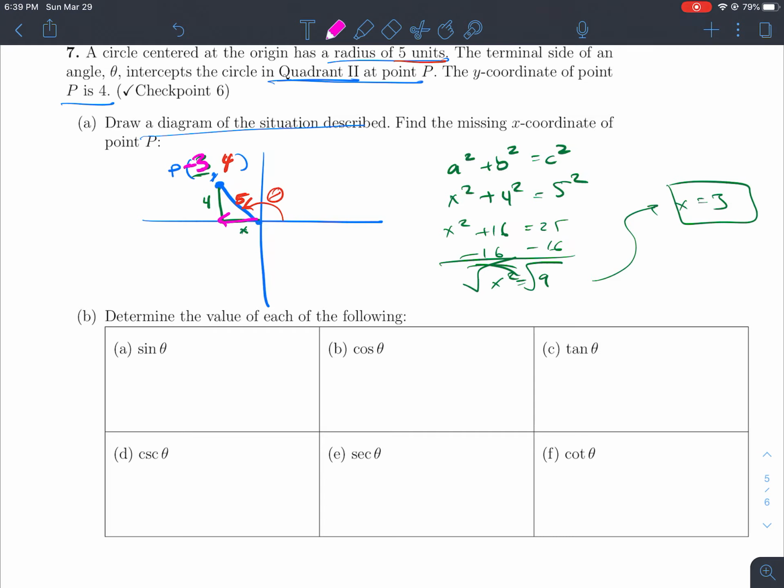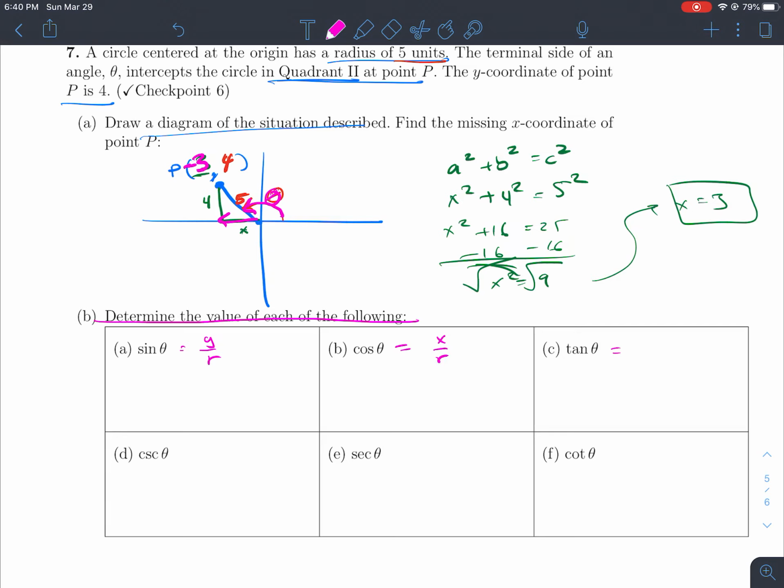All right, cool. So now it turns out that just from this diagram, you're able to find all of the following things. Sine of theta, well, that's usually y over r. And we're going to the coordinate plane definition here because theta is not actually part of that triangle. It's too big to fit in a triangle, so we need the coordinate plane versions.